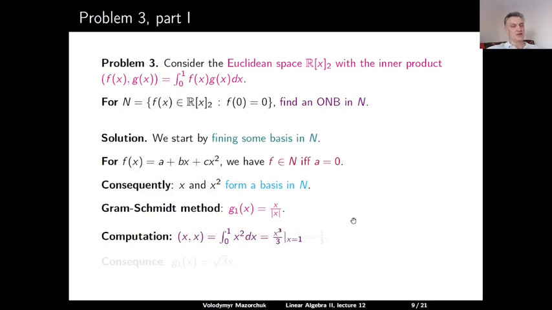So this is equal to 1 divided by 3. So the length of the element x is 1 divided by the root of 3. If we divide x by 1 divided by the root of 3, we get root of 3 times x. So the first element in our orthonormal basis of N is the polynomial root of 3 times x. We denote it by g1 of x.